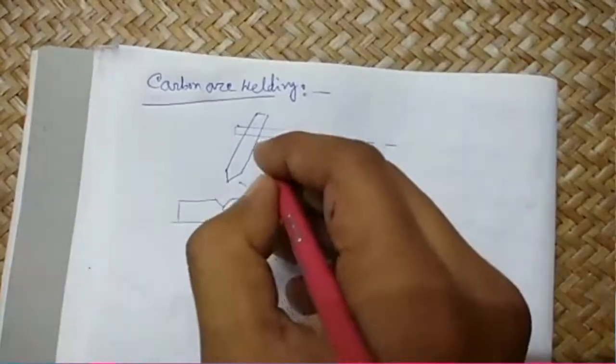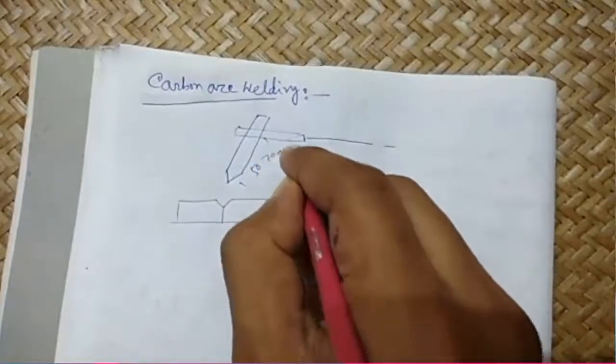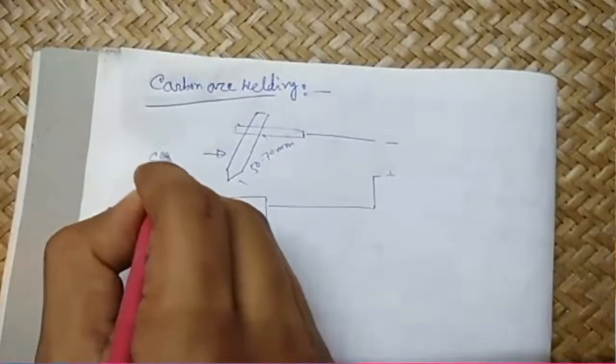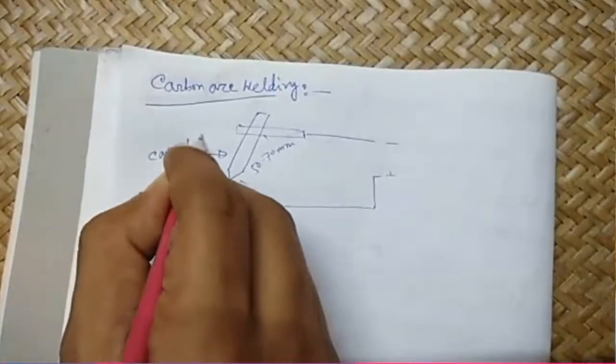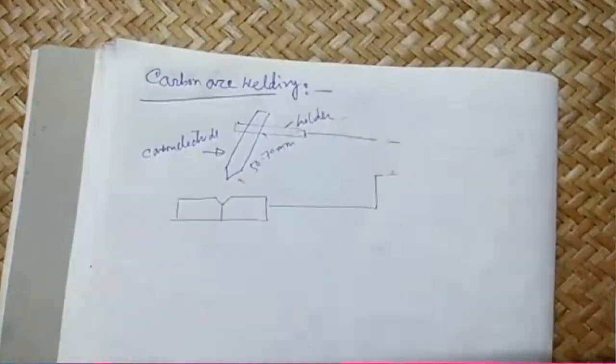This length is generally kept 50 to 70 mm. This is the carbon electrode, and this is your holder.